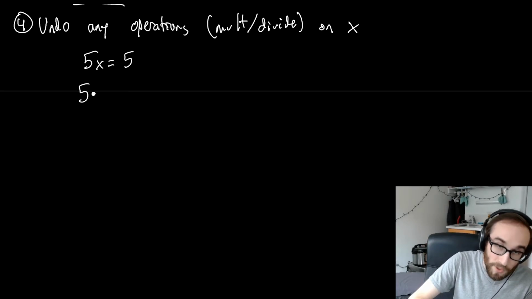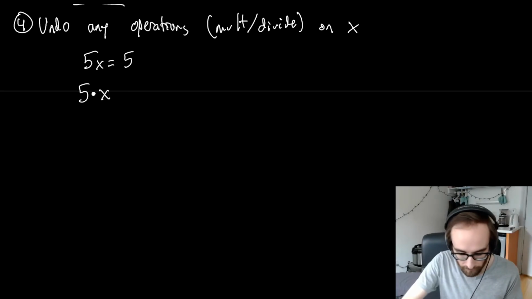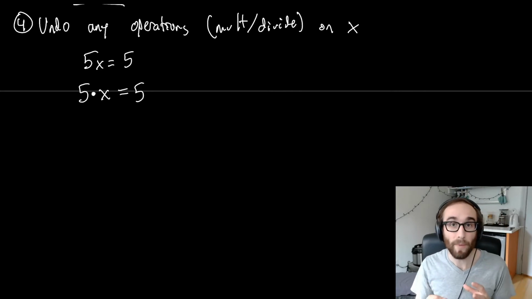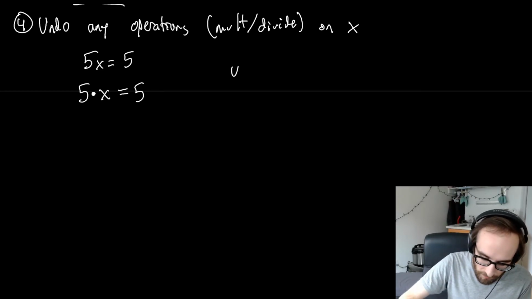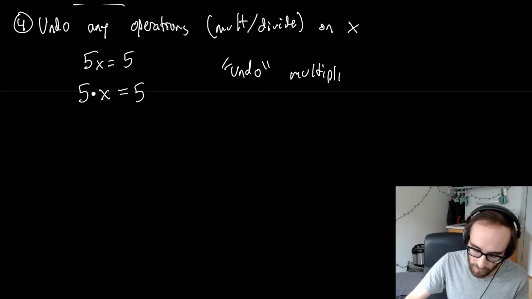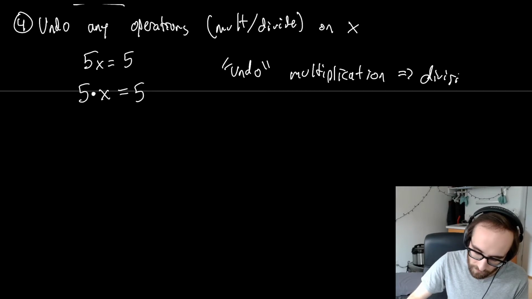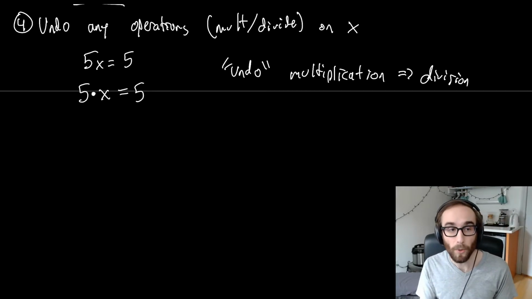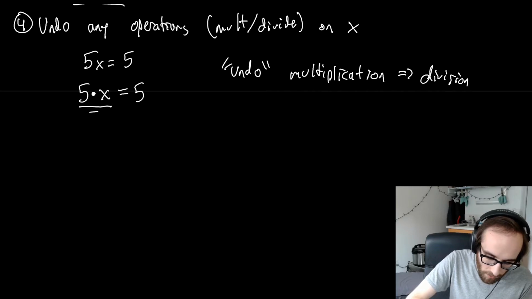Notice that we are multiplying x by 5. So in order to get x by itself or isolate x, we want to undo this multiplication. To undo multiplication, we need to do the opposite of multiplication, which is division. So we want to divide both sides by 5 in order to undo the multiplying by 5.